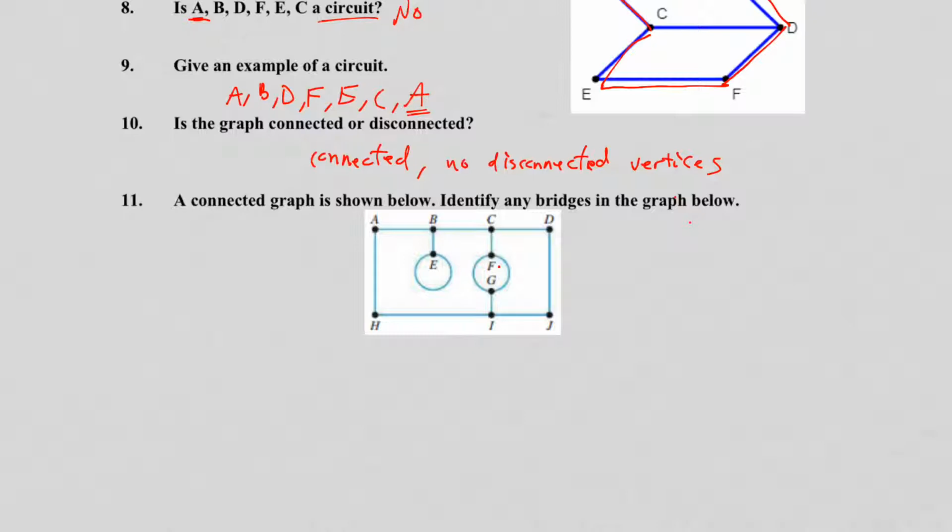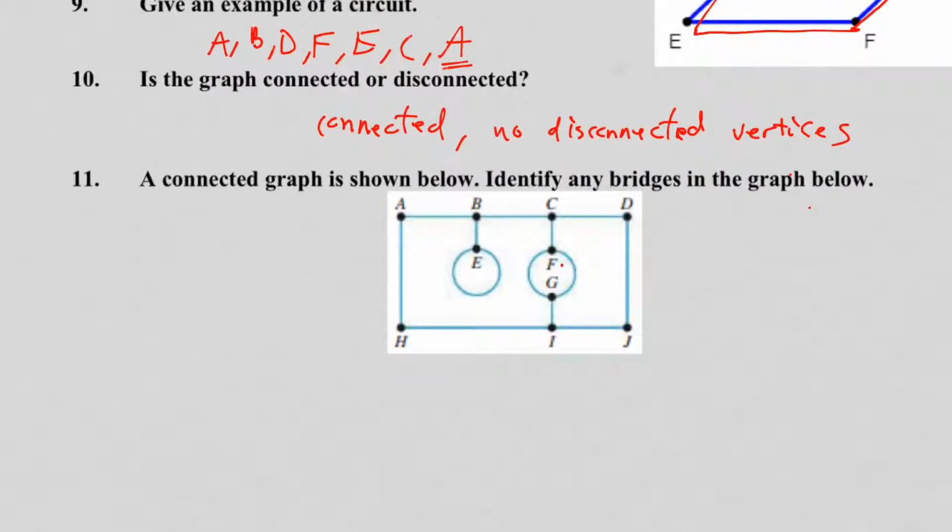A connected graph is shown below. Identify any bridges in the graph below. So think about this, guys. Which edge, if you remove it, will create a section that's disconnected that you wouldn't be able to get to at all?